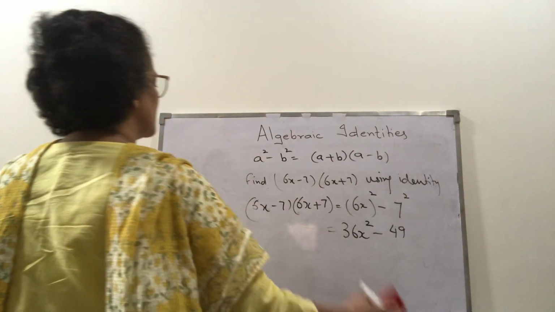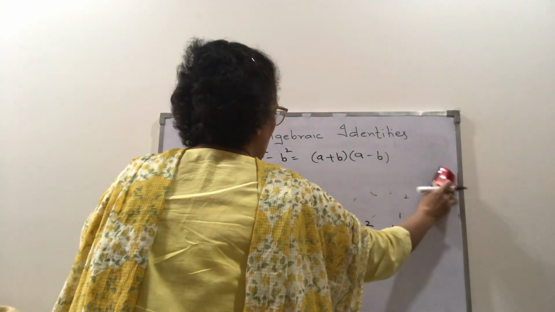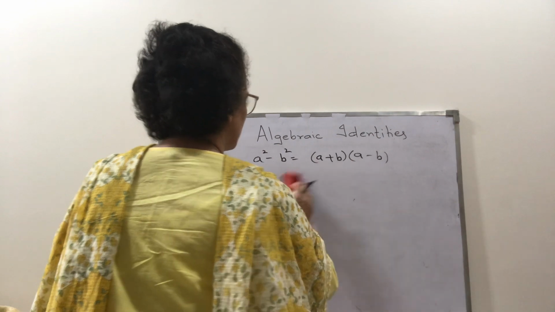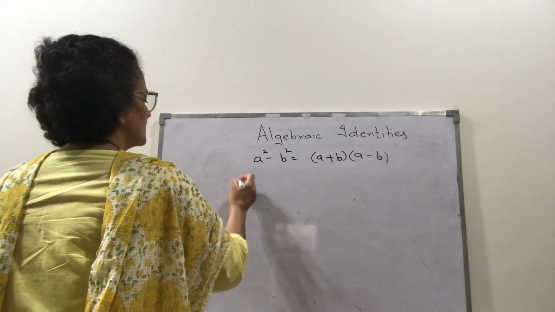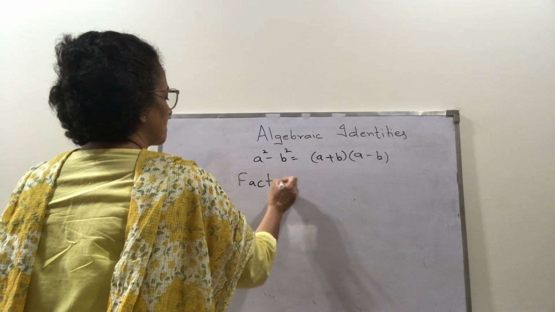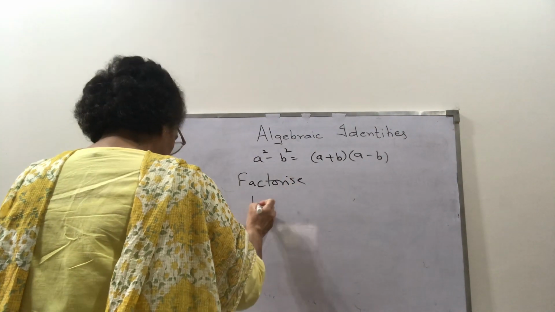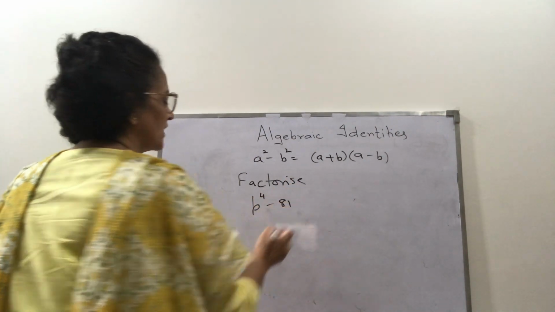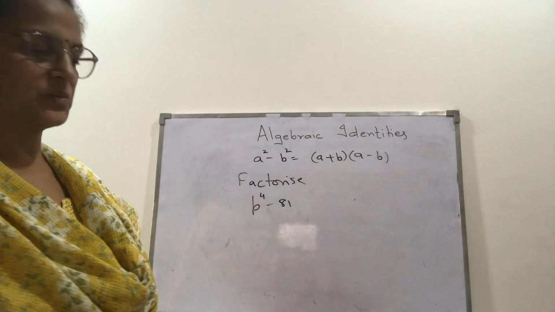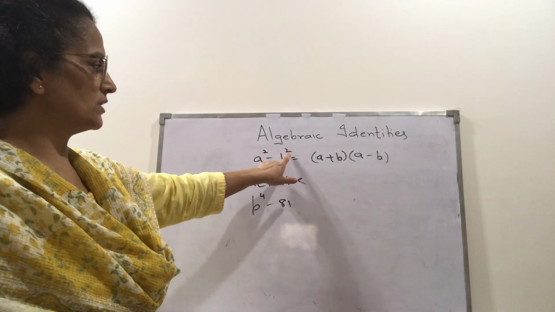Let's take another example showing how the identity is used in factorization. So if they say factorize p to the power 4 minus 81. Now you can see I want a square.